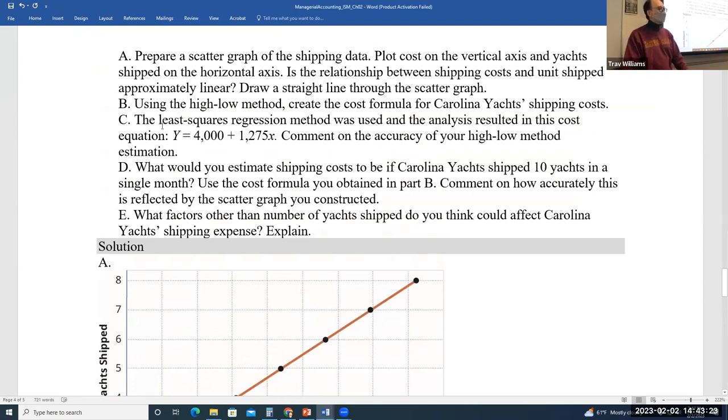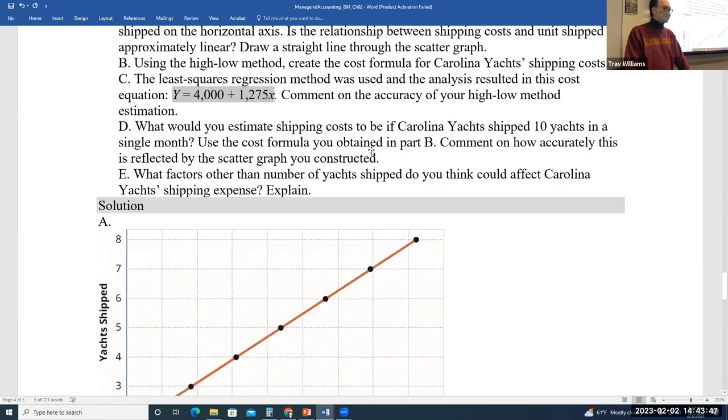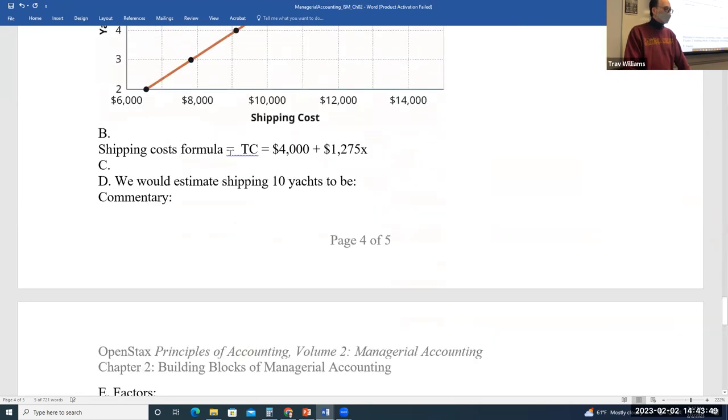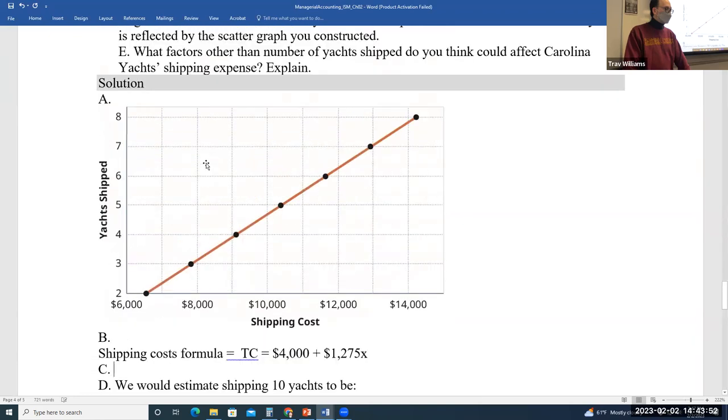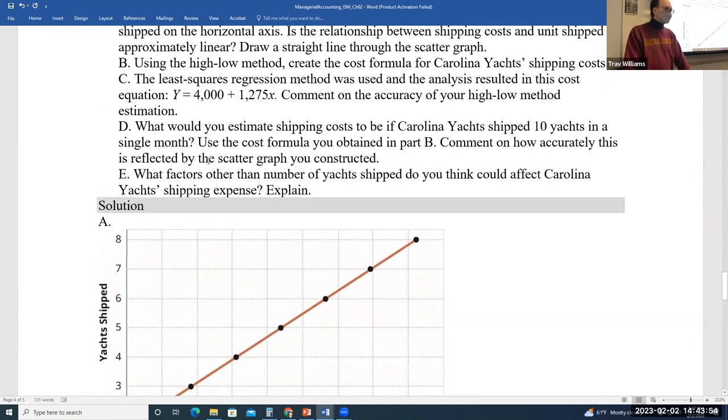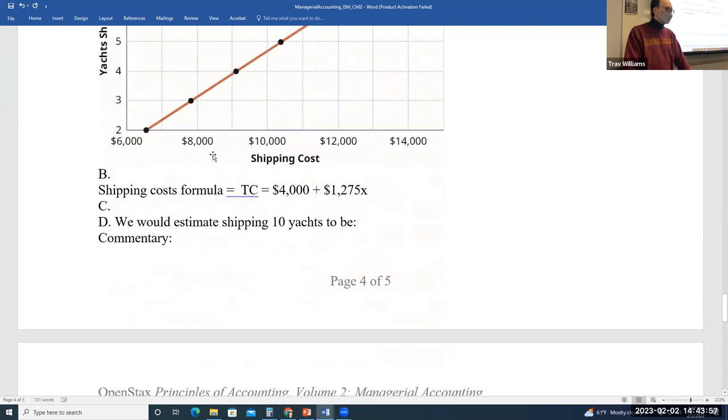It says here in C, the least squares regression method was used and the analysis resulted in this cost equation. Total cost equals 4,000 plus 1,275x. That's exactly what we came up with, right? So in this case, our high-low method gave us exactly the right answer. Again, the least squares regression method is the most accurate.